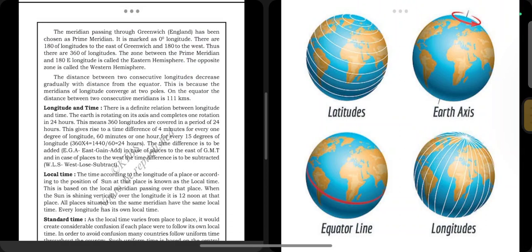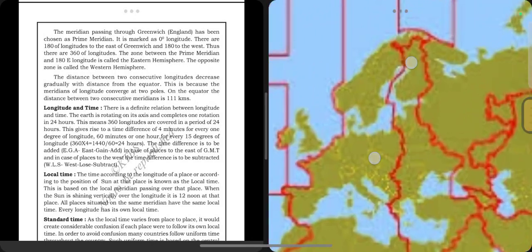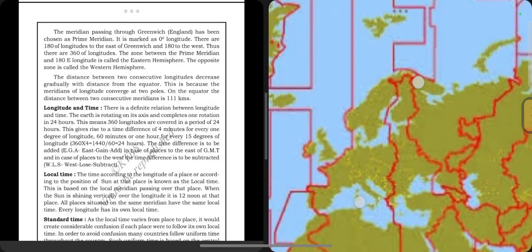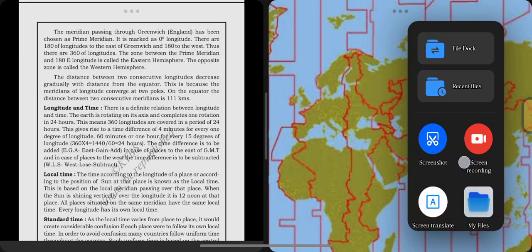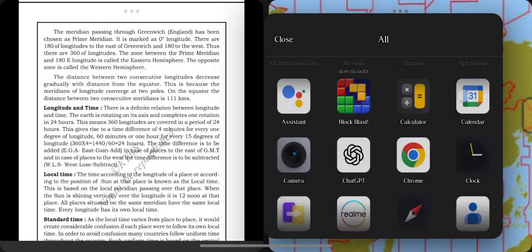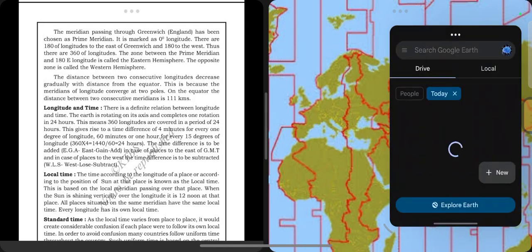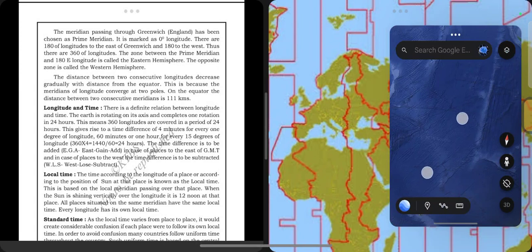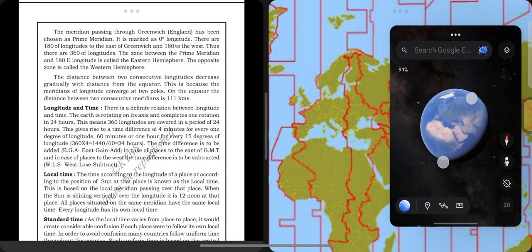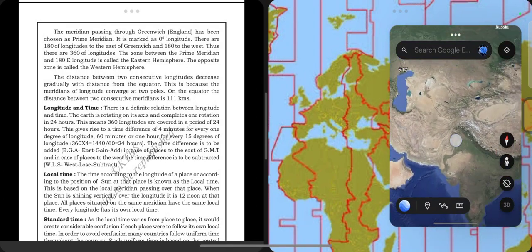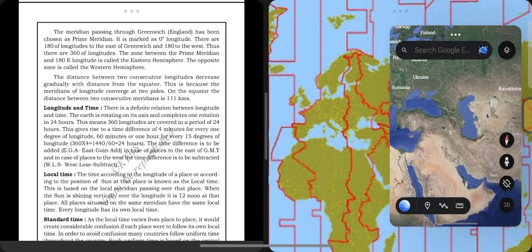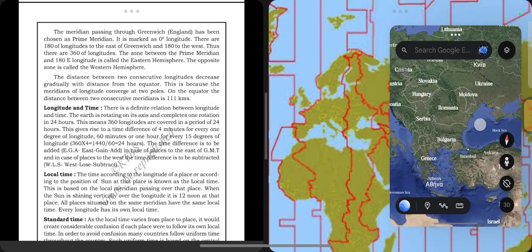After that, the meridian passes through Greenwich. It is very important. This is exactly where the meridian goes through.